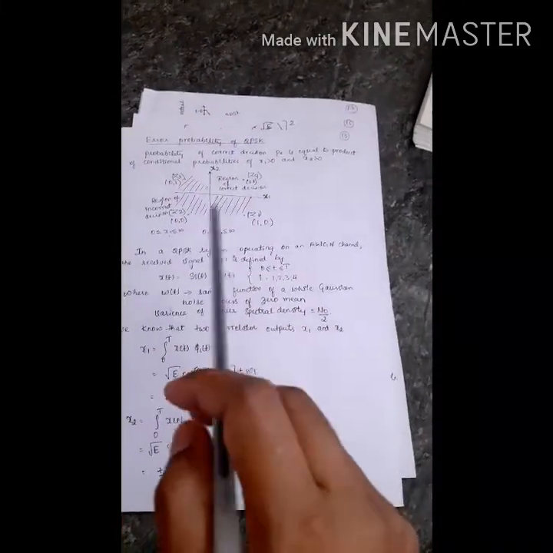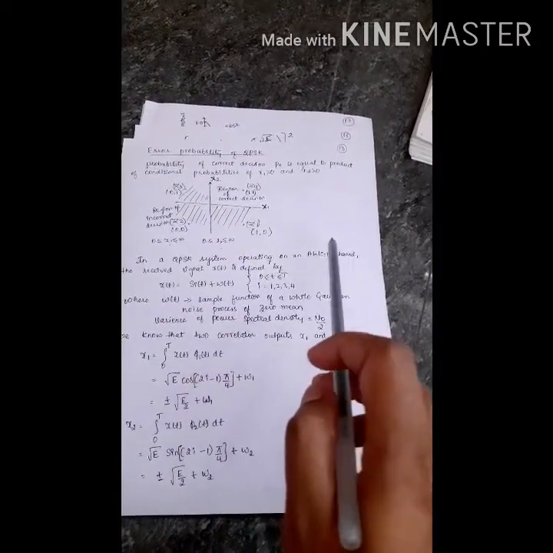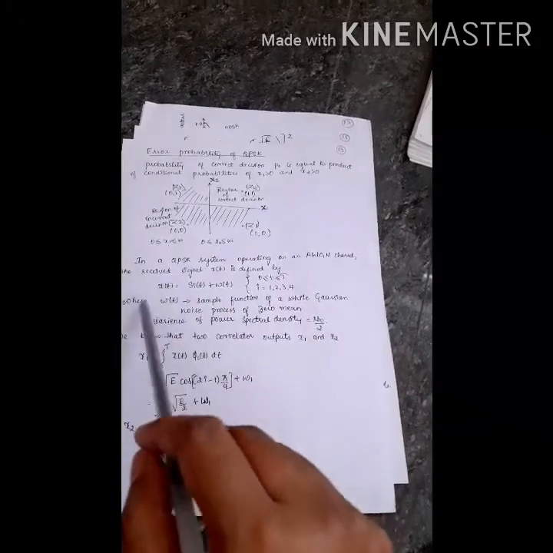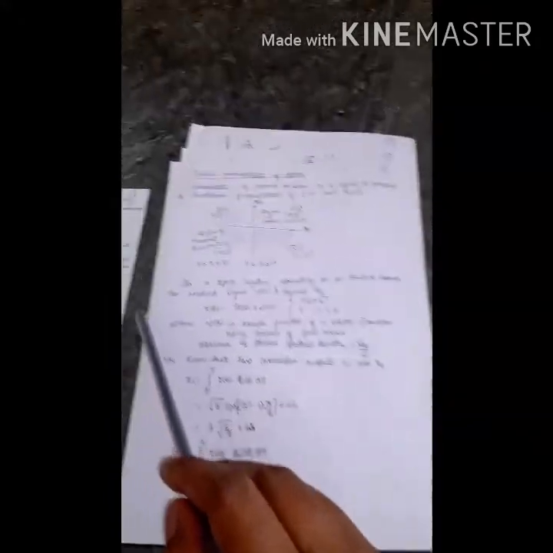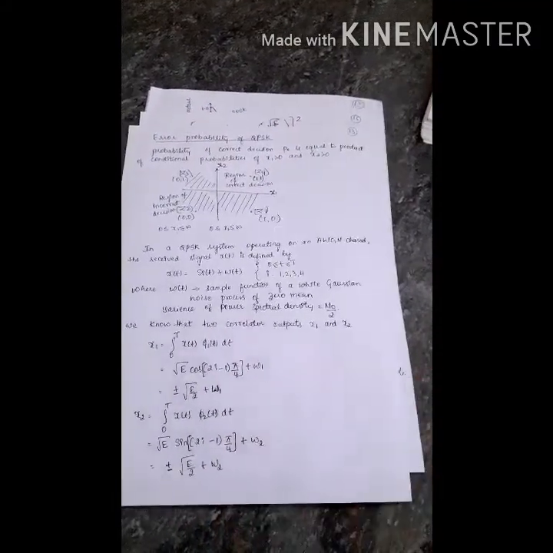In the QPSK system operating over an additive white Gaussian noise channel, whatever we transmit, at the receiver side we receive the original signal with some noise.